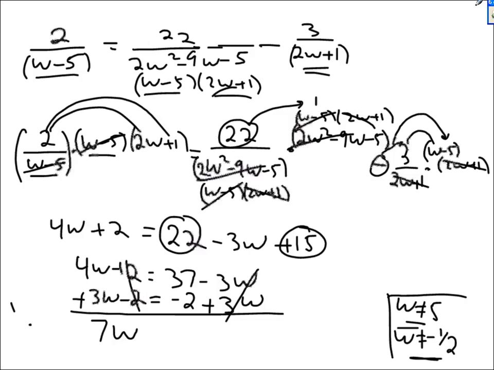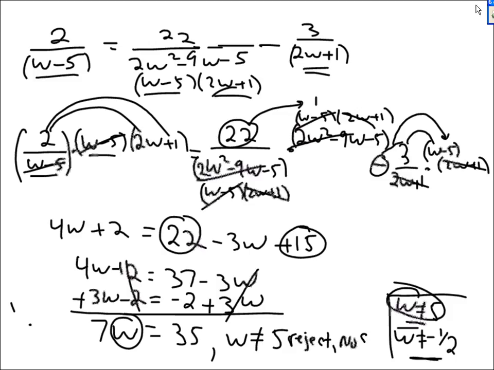So I have 7w is 35. 7 times some number is 35. That means the number is 5. But that's one of the numbers I have to reject. Reject, which means no solution. Okay, that finishes up this section on solving rational equations.